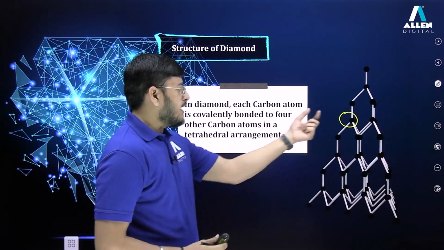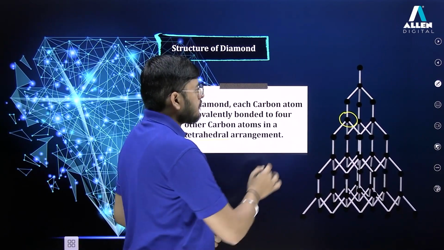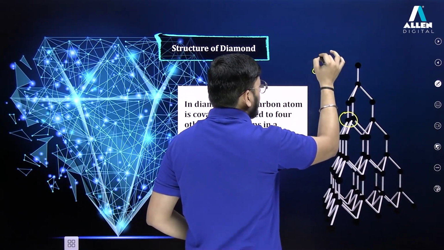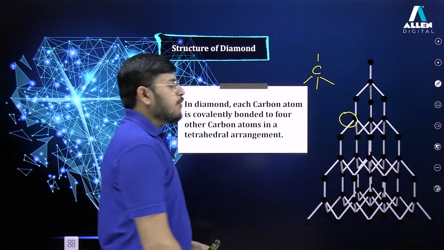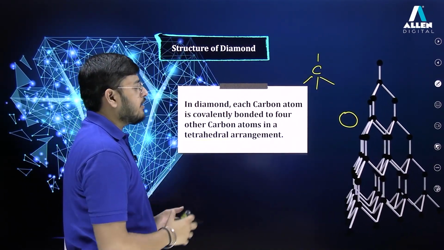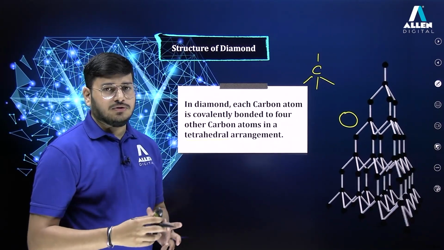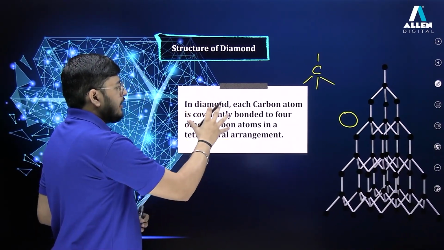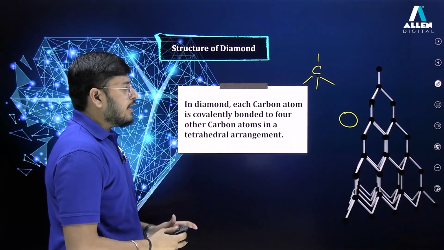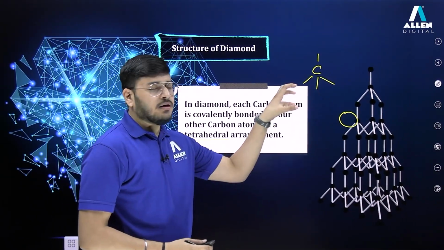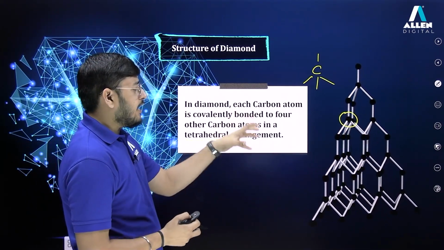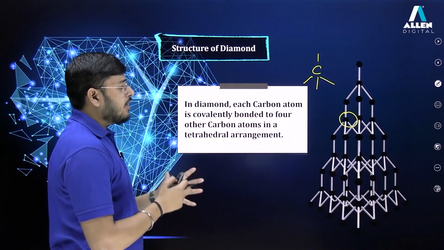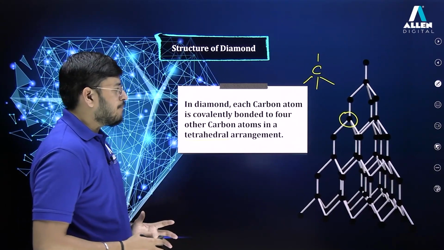So in diamond the structure is like that, and all carbon atoms are tightly packed, in a tetrahedral arrangement.